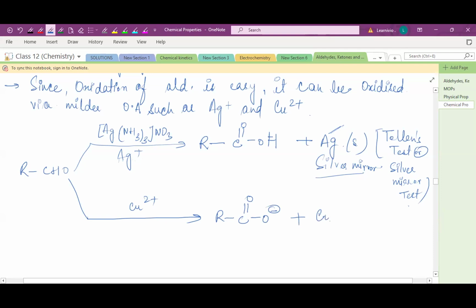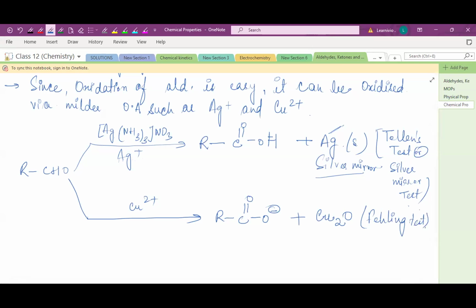And here you will get a red colored precipitate of cuprous oxide, Cu2O. So this is known as your Fehling test. There are two types of test in your syllabus: Tollens test and Fehling test.